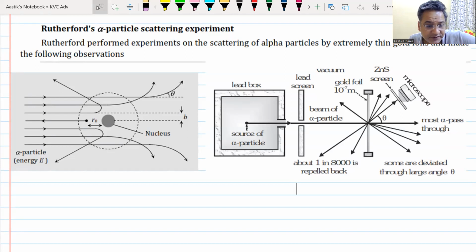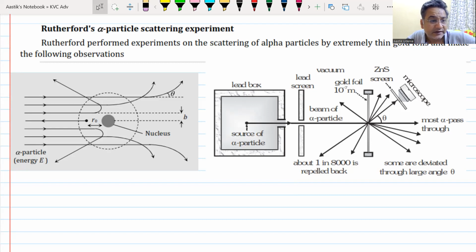Some of them were deviated by a large angle, and about 1 in 8,000 particles went back at an angle more than 90 degrees, or approximately equal to 180 degrees. Do we understand this? This was Rutherford's alpha particle scattering experiment.